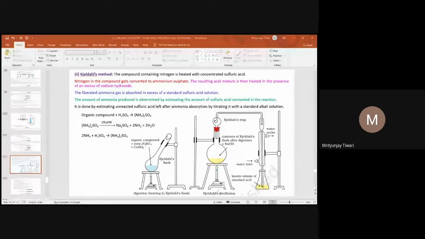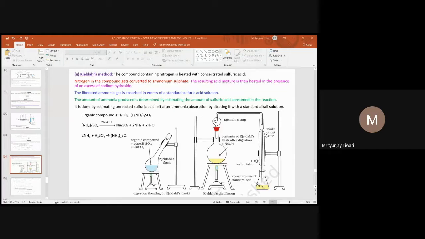Now what we know is that this reaction happens in terms of the number of equivalents. 1 mole of H2SO4 has two equivalents of H2SO4, because the valency factor here is 2. However, in case of NaOH, 1 mole of NaOH is one equivalent of NaOH.